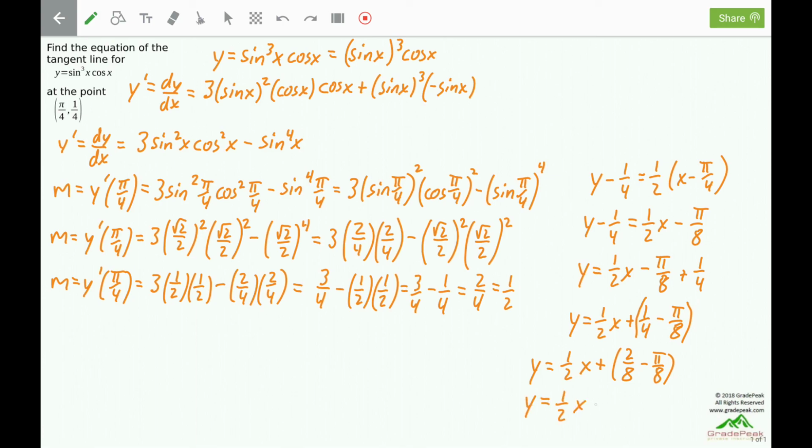It'll be 1/2 x plus, and the overall constant will be 2 minus pi all over 8. And so there's two different ways that you could write the equation of the tangent line to the function y at the point pi over 4, 1/4. Y equals 1/2 x minus pi over 8 plus 1/4, or y equals 1/2 x plus 2 minus pi over 8. Both ways would work.